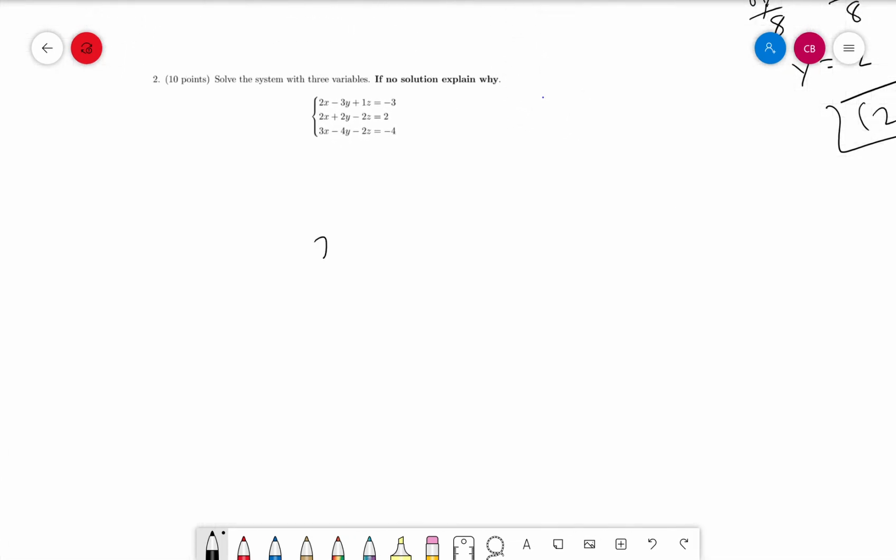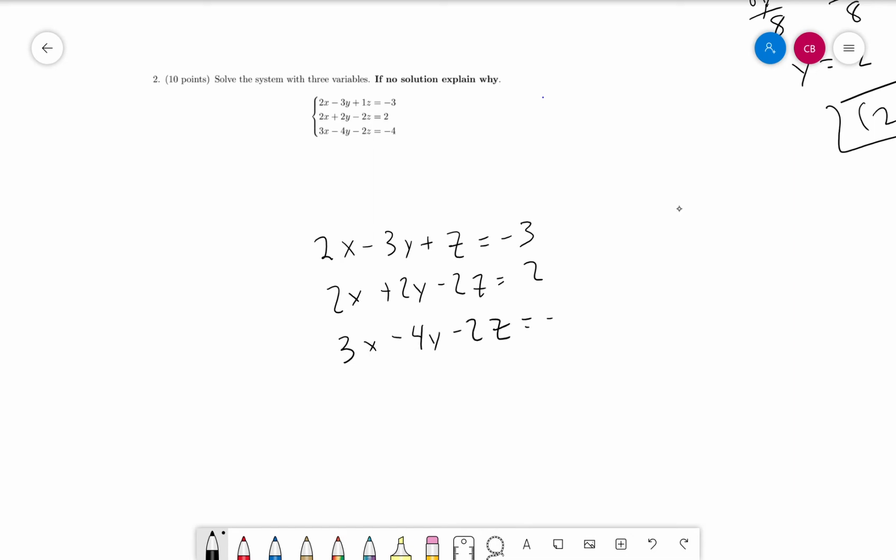Finally, we're going to do problem 3. We have 2x plus 2y minus 2z is 2, and 3x minus 4y, 2z is negative 4. One thing to note is that when you're doing systems of equations, make sure you know when it has no solution, and when it has infinitely many solutions.